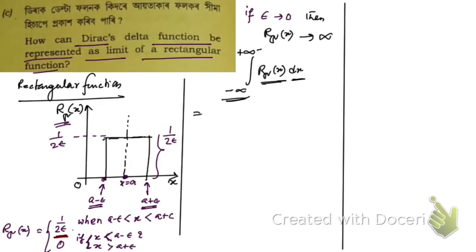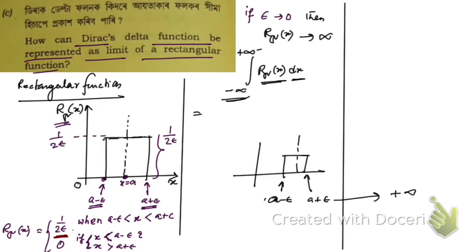Now you see, this is the graph. Let me draw it roughly. This point is a minus epsilon and this point is a plus epsilon, and towards the right you're going to have plus infinity and towards the left you're going to have minus infinity. So we can divide this into three integrals.